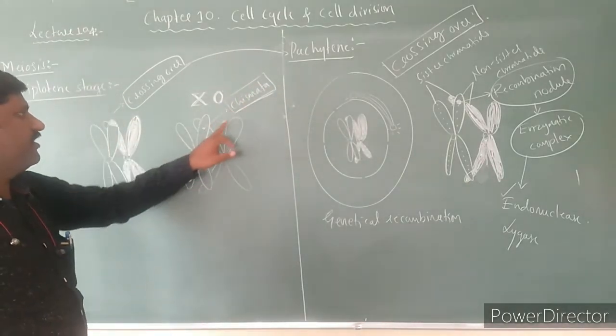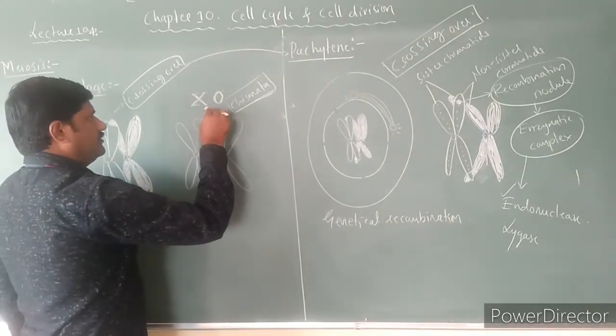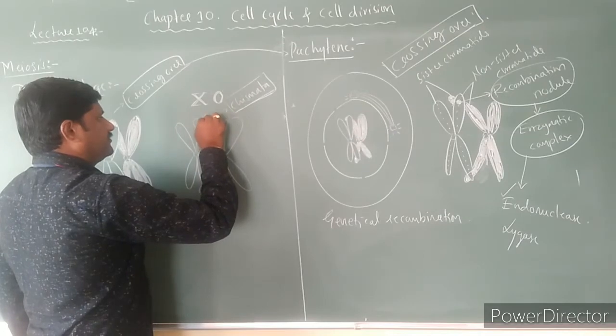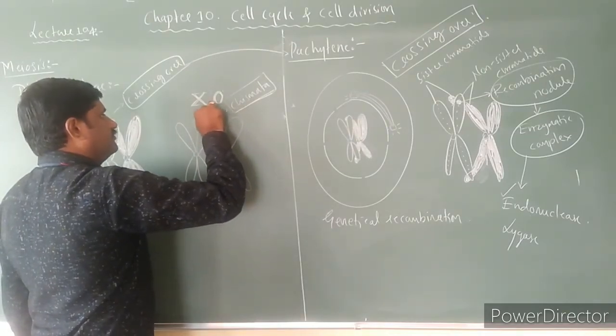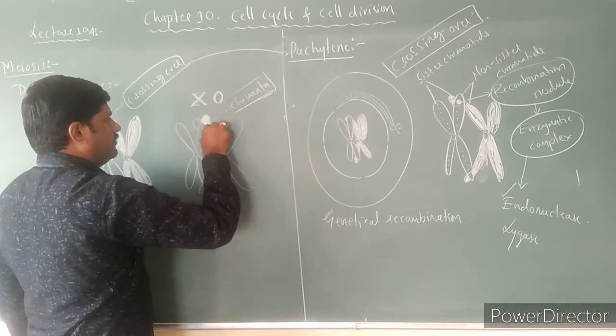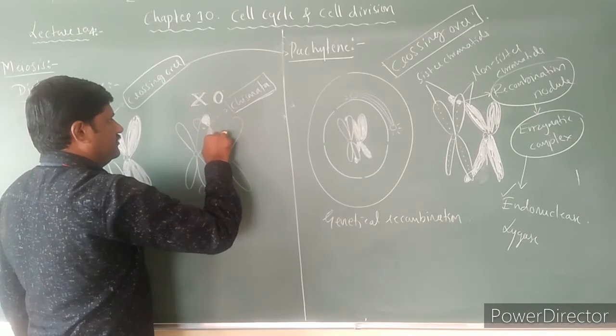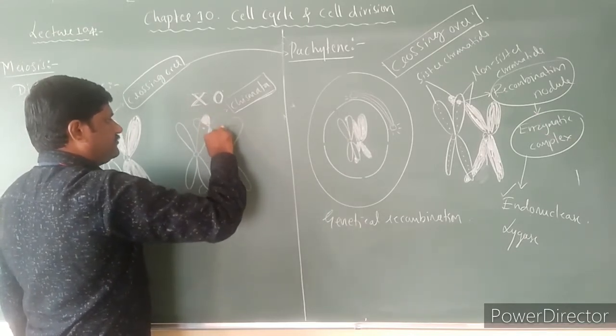So the chiasmata formation is seen between two homologous chromosomes, as you can observe over here. This is one homologous chromosome which takes the shaded part of the chromosome. This is another chromosome which is the shaded one.